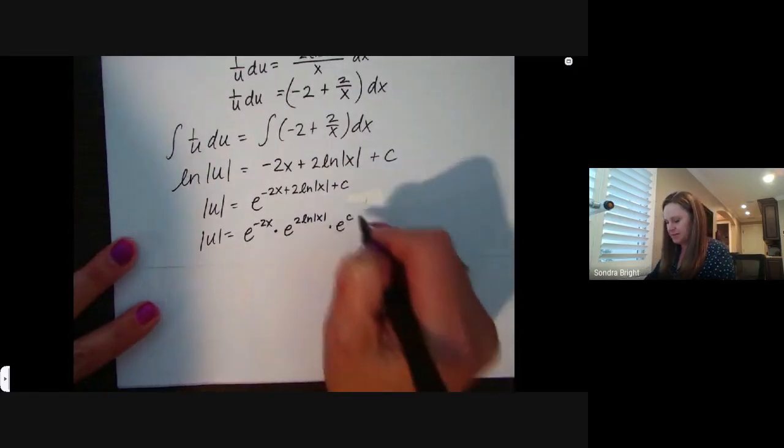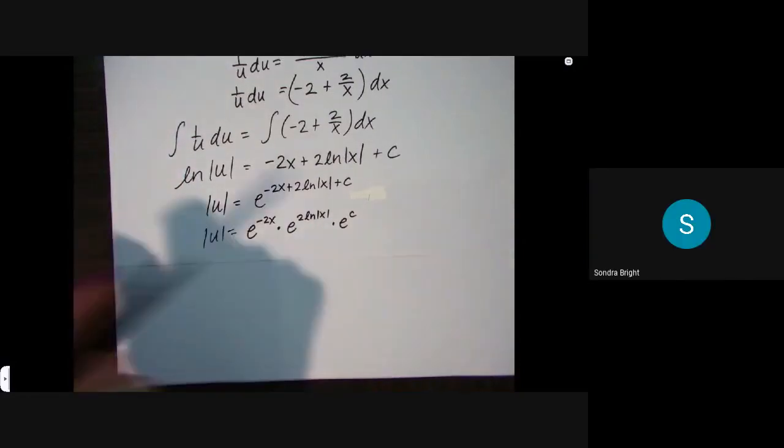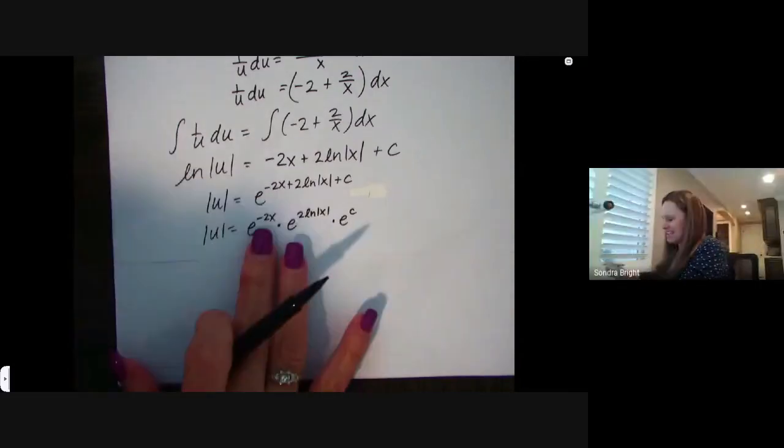Remember all of that? And then how do we drop off the absolute value symbol? By putting plus or minus, and keeping in mind that e to the c is a constant.